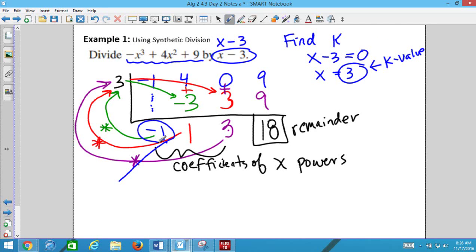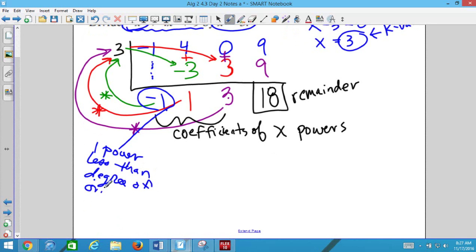This first one is going to be 1 power less than the degree of the original.